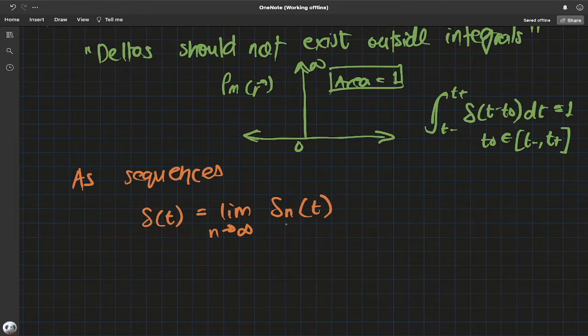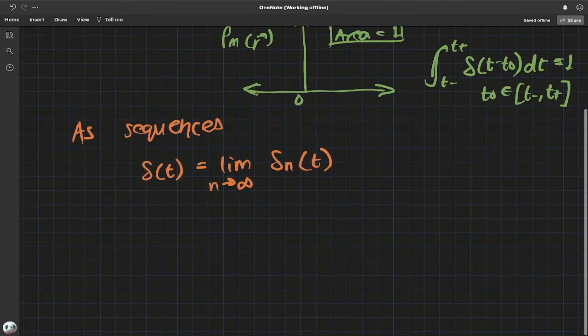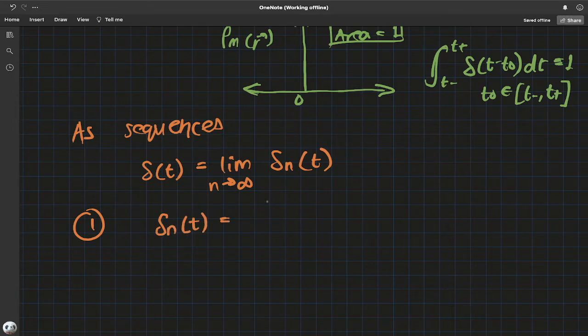This is a delta sequence which converges upon the Dirac delta. There are many ways of finding such sequences. One of them is as follows. Delta sub n of t is piecewise.